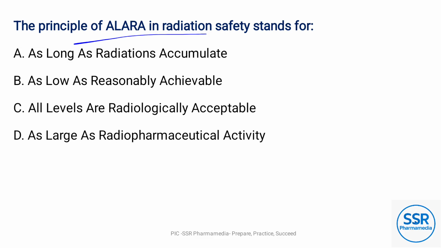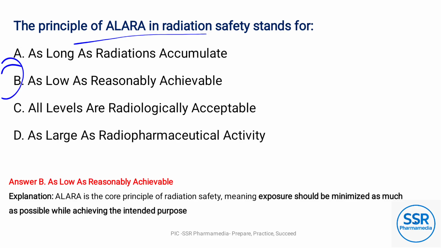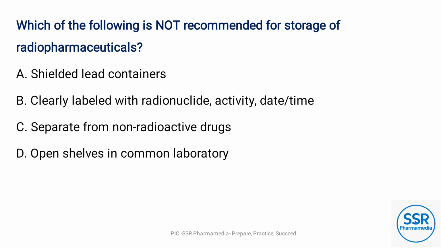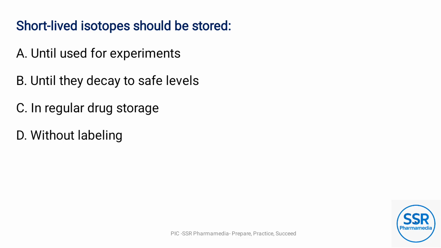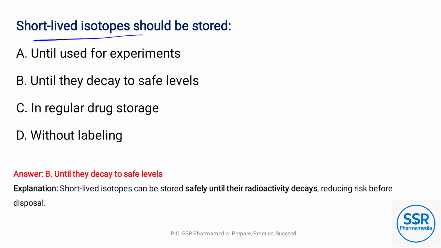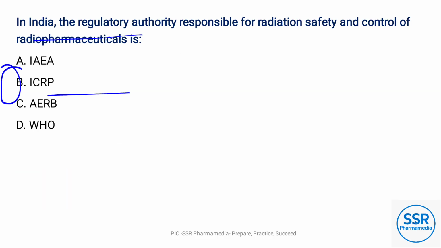The principle of ALARA in radiation safety stands for option B, as low as reasonably achievable. Which of the following is not recommended for storage of radiopharmaceuticals? Option D, open shelves in a common laboratory. Short-lived isotopes should be stored, option B, until they decay to a safe level.